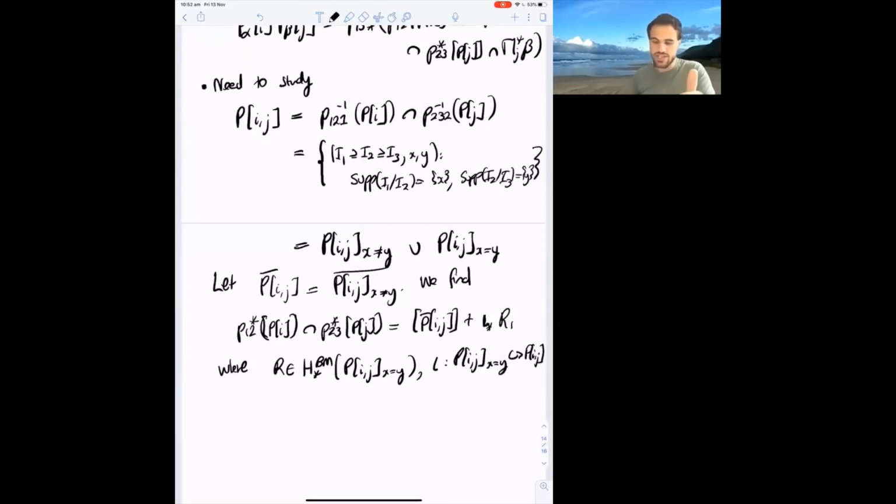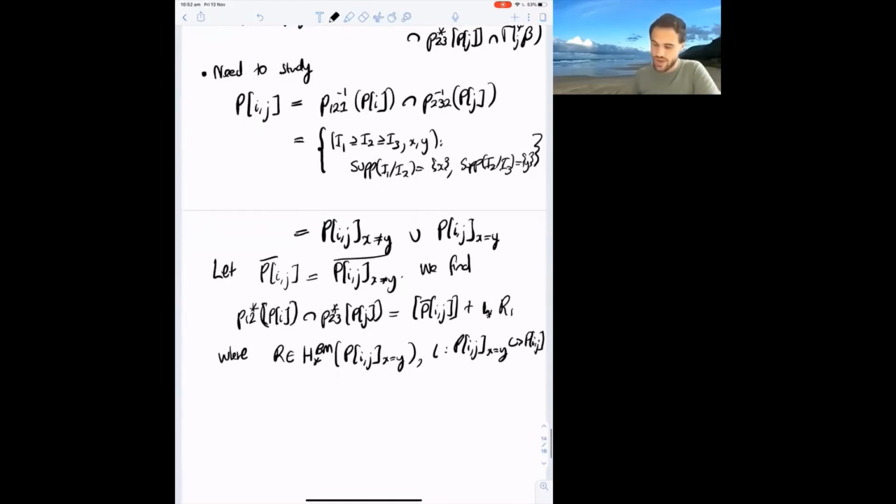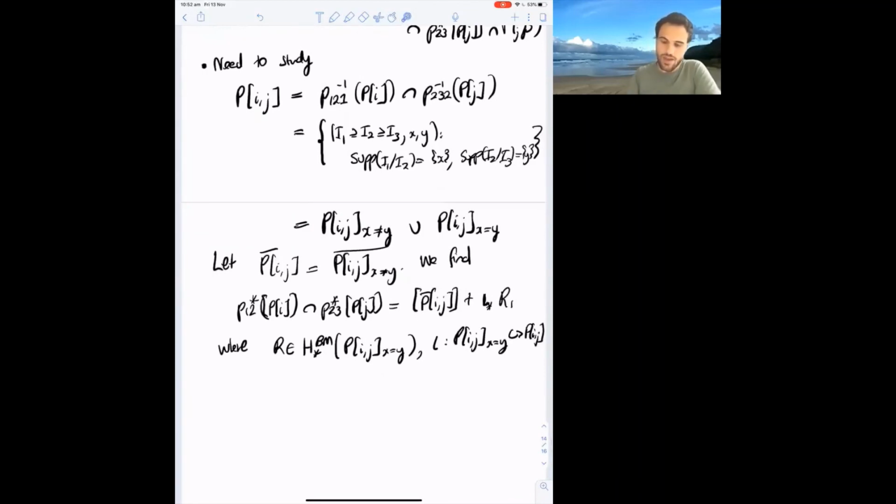For similar reasons, if we change I and J, we get something similar. Maybe I should say something about how to think about this thing. The idea would be that you start with I1, which is a set of points smaller than the set of points for I2 and I3.